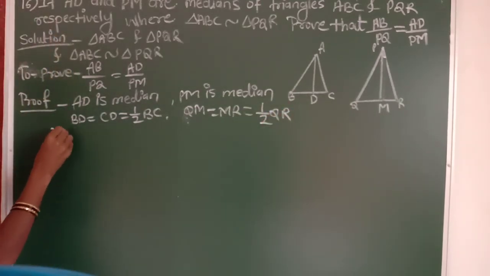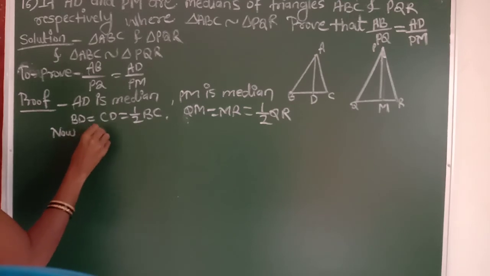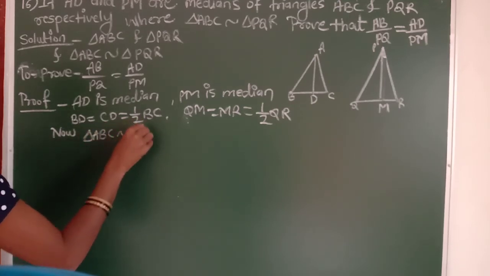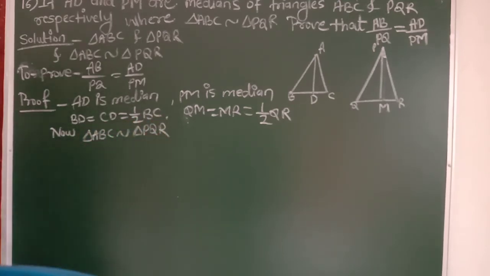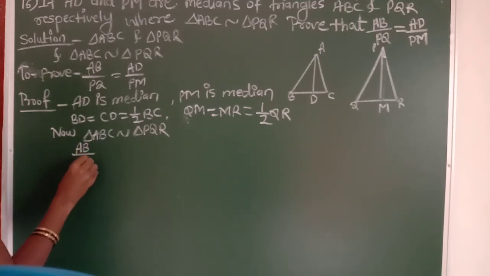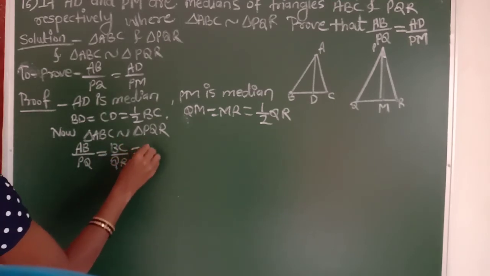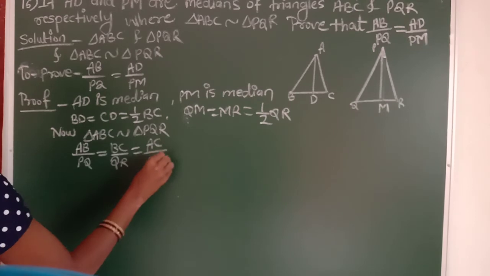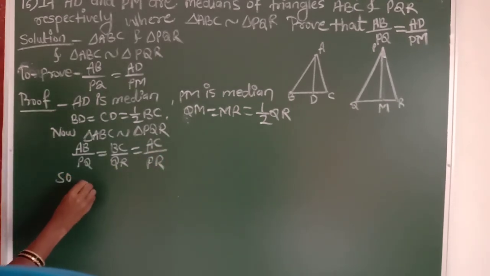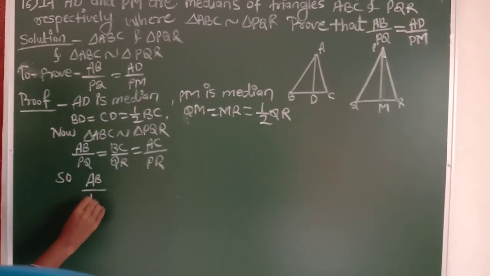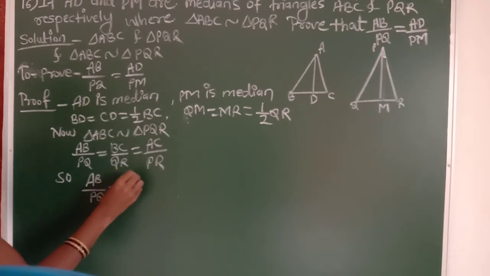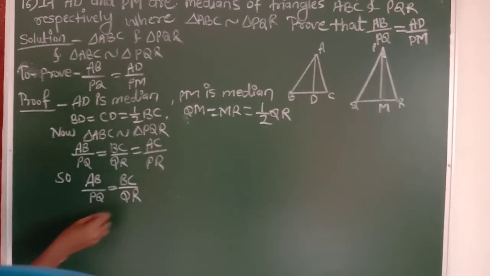Now we know that triangle ABC is similar to triangle PQR. If two triangles are similar, we know that corresponding ratios are in proportion. So AB by PQ is equal to BC by QR is equal to AC by PR. So here AB by PQ is equal to BC by QR.